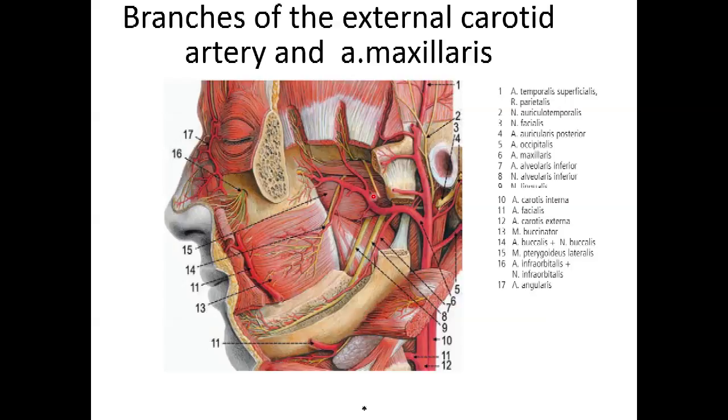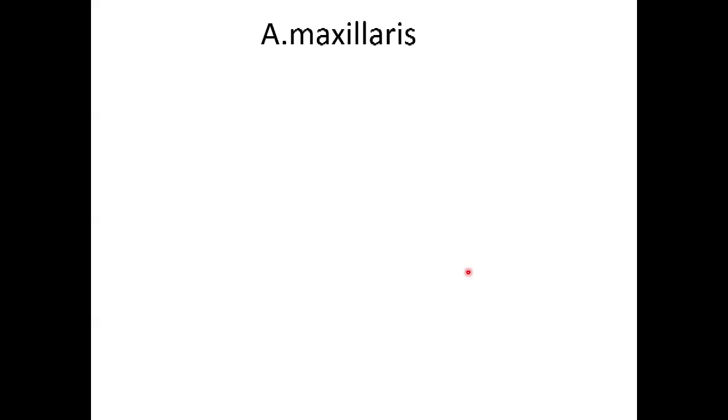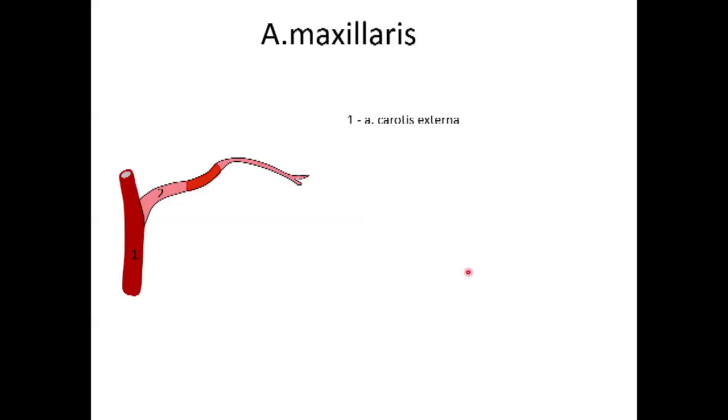These branches are quite difficult to find in a specimen, but we should know them, and so let's try to draw this picture ourselves. So number 1 is arteria carotis externa, and perpendicularly to it, number 2 is arteria maxillaris.